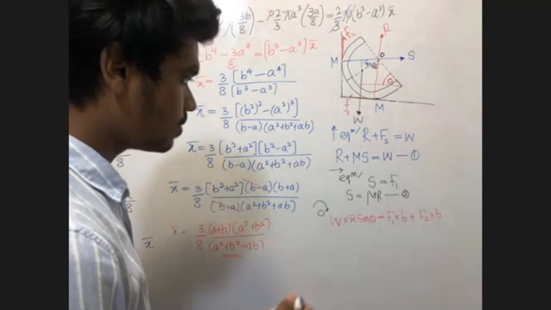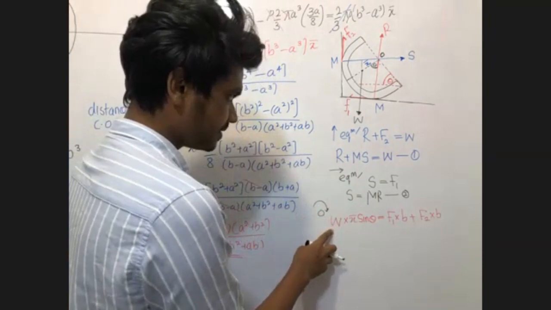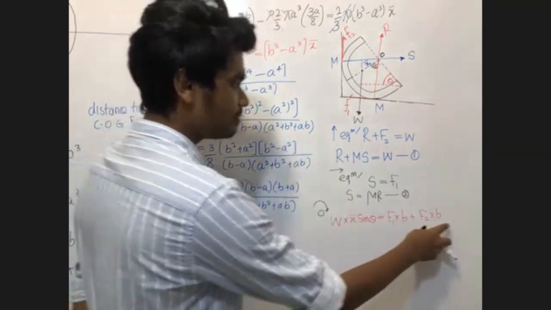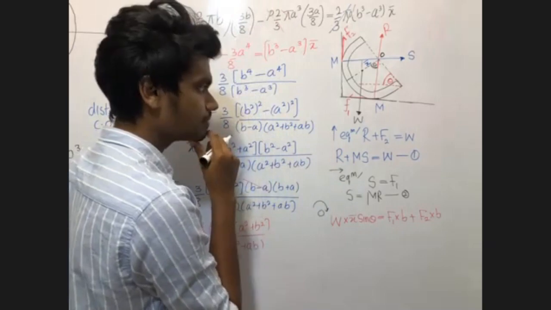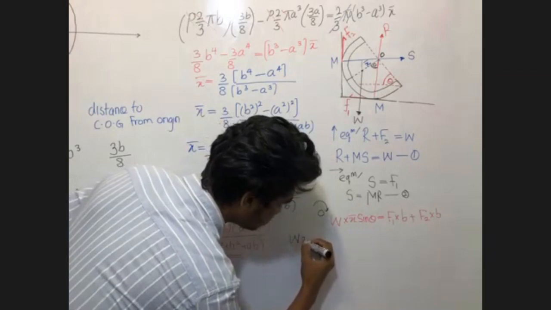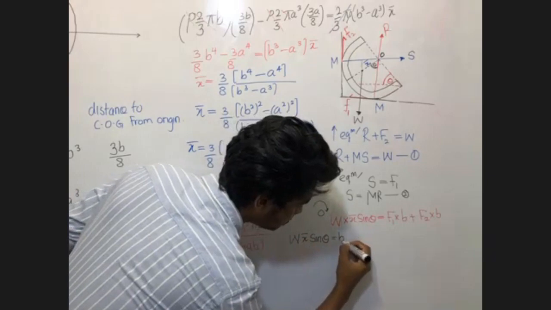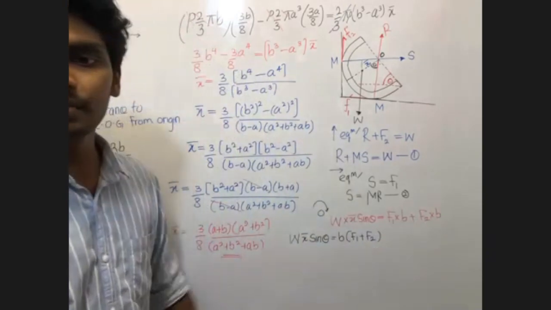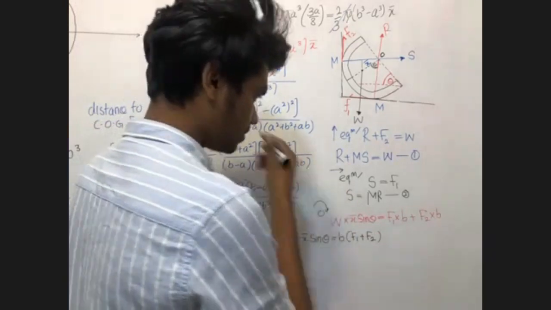So now I'm going to do certain things. Let's take B out, B common, so F1 plus F2.